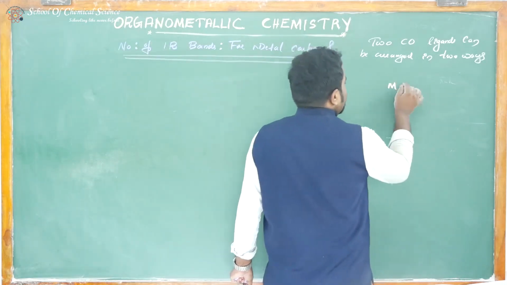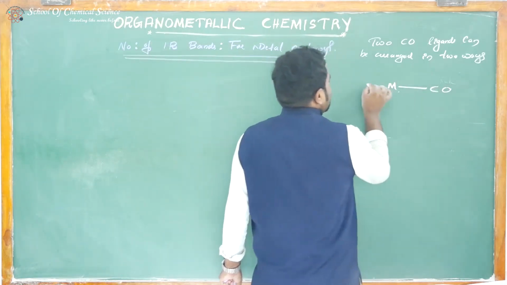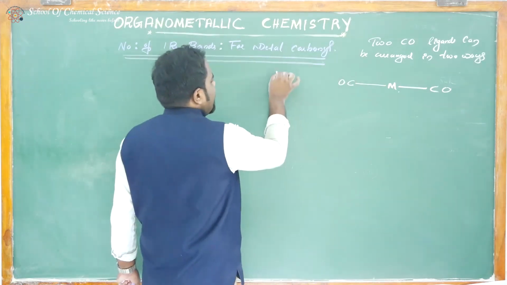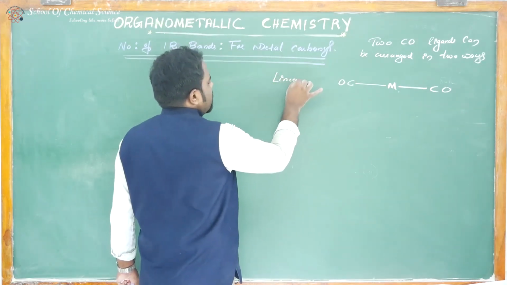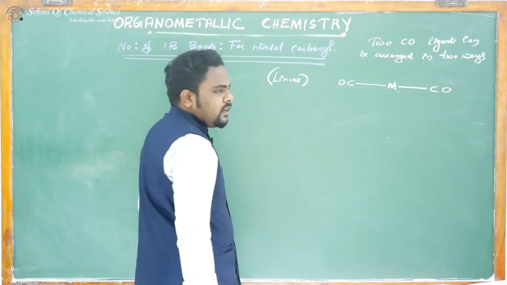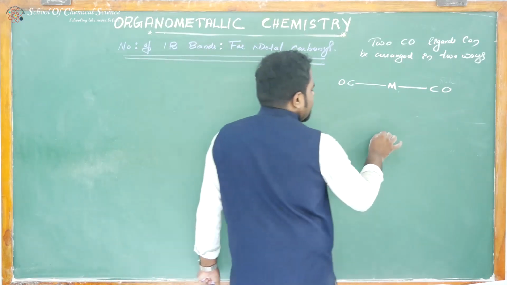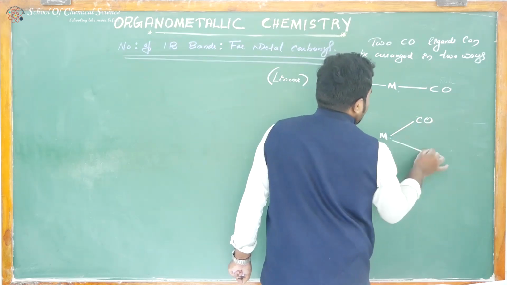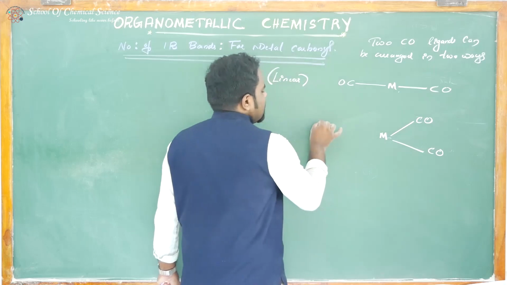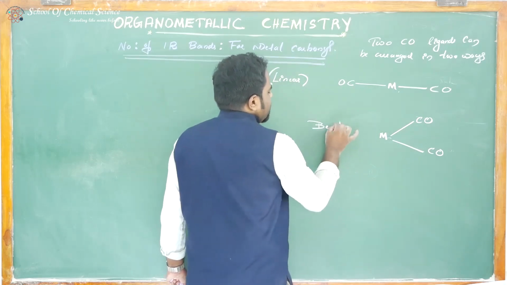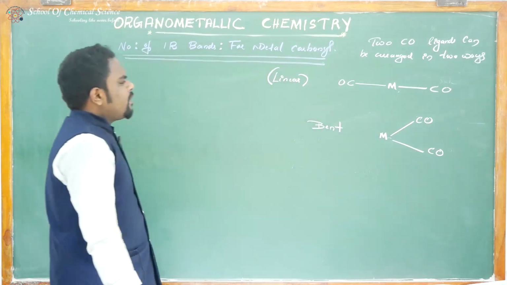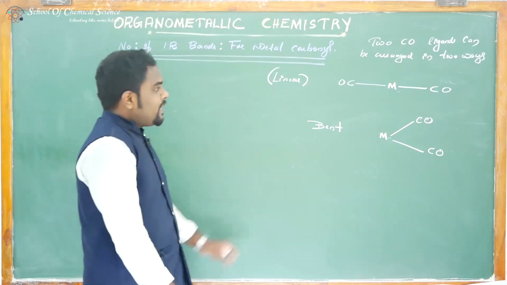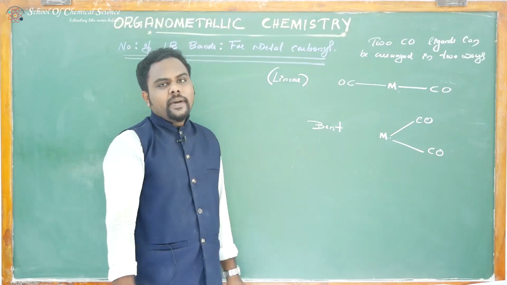This is the metal, first carbon monoxide, second carbon monoxide. This is called linear arrangement. Second method, this is the metal, here a carbon monoxide, here another carbon monoxide. This is called bent arrangement. So if 2 carbon monoxide ligands are connected to a metal, it may be linear or bent.